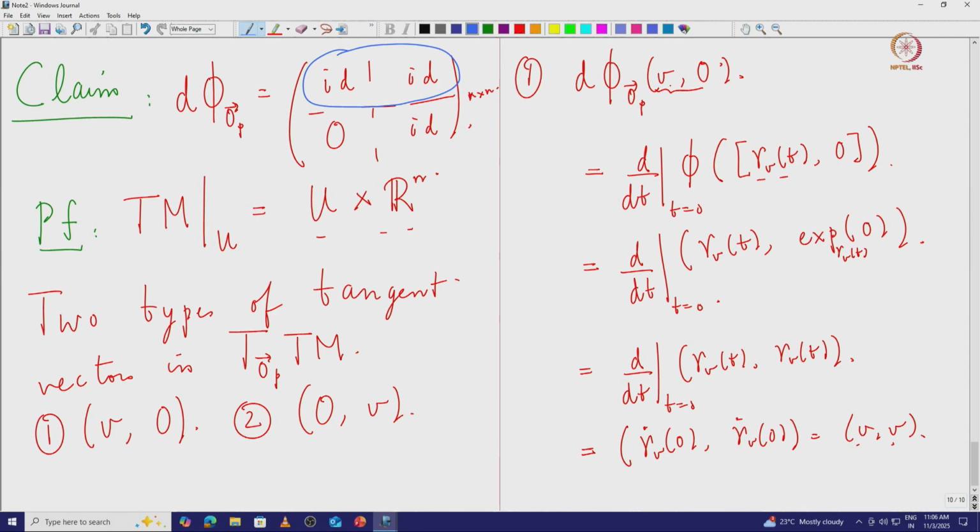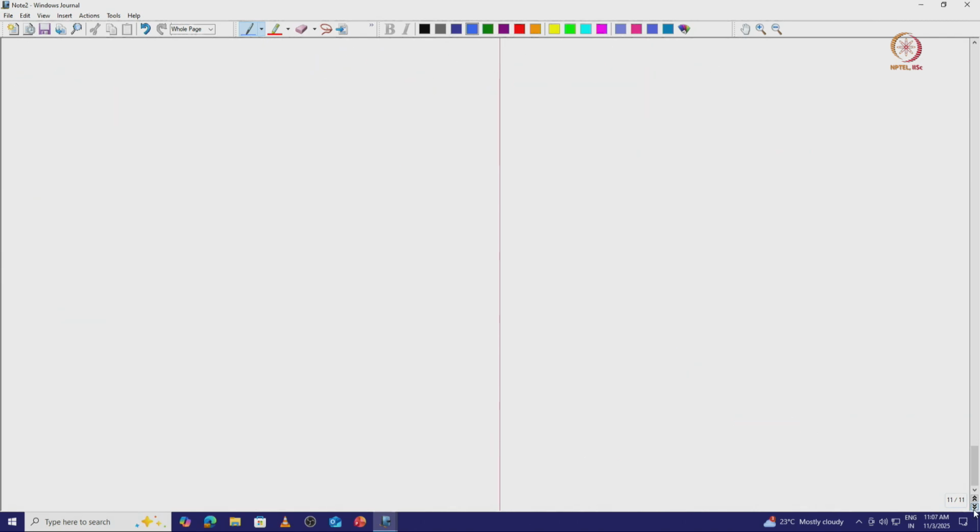Now let us try to prove that the next n rows are given by (0, identity). So for that we need to compute the derivative of phi on vectors of the type (0, v). So again we need to consider a path in the tangent bundle whose velocity vector is given by (0, v). A path in the tangent bundle decomposes as a path in u and as a path in the tangent space direction.